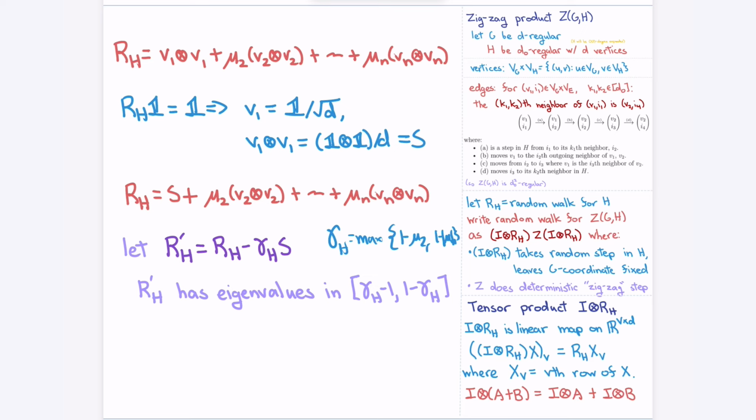So then R sub H prime, all of the remaining things will have eigenvalues between, probably should be between gamma H minus 1 and 1 minus gamma H. Okay, so there's one eigenvalue of value 1.